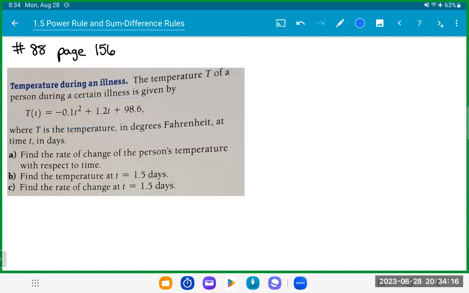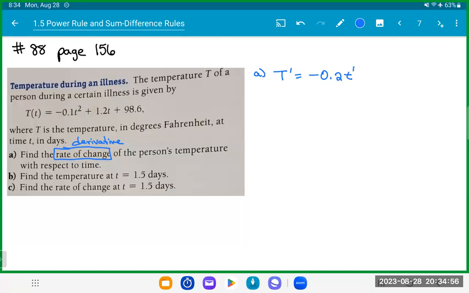The rate of change, remember, rate of change means derivative. So first of all, we want to find the derivative. So that's capital T prime because our equation here is capital T, so we just want to find the derivative of that. So that is essentially 2 times negative 0.1, so that's going to be negative 0.2t, because then I take 2 minus 1, and that gives me a 1.